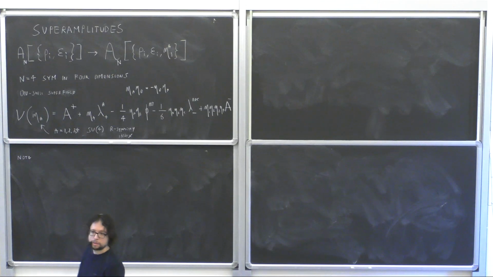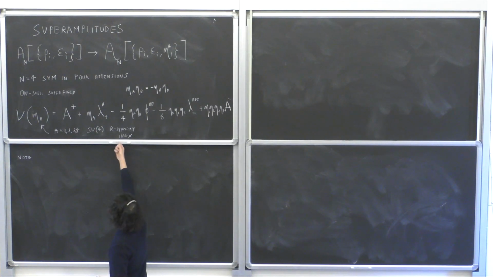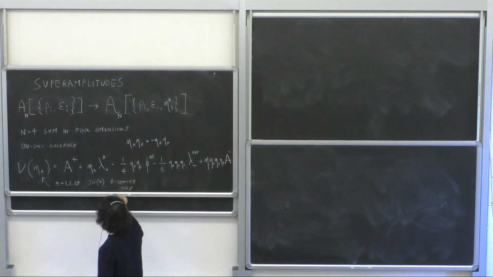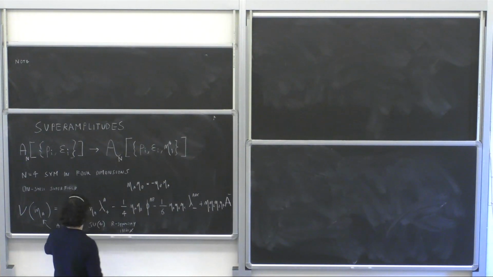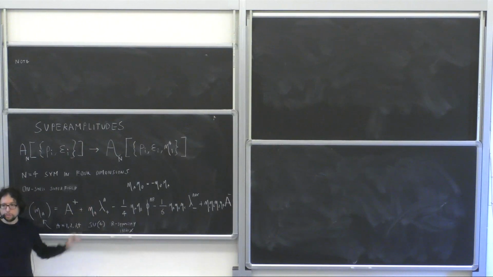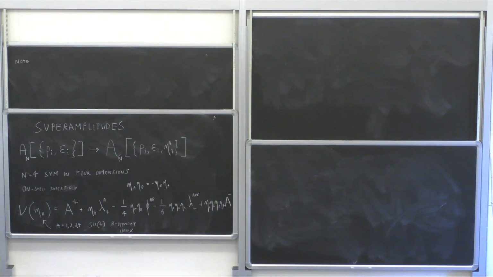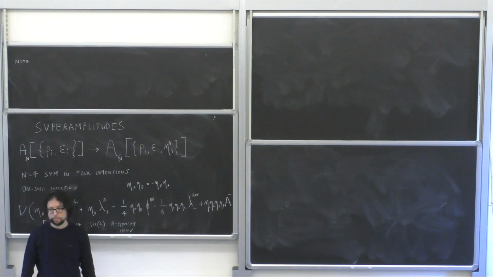So these objects A plus, lambda A plus, and so on are all ordinary fields depending on the coordinates? Okay, well, these are asymptotic states. So I don't interpret them as fields; they are rather asymptotic states, or if you prefer, you can see all of this as creation and annihilation operators, and then you stick that into an amplitude.